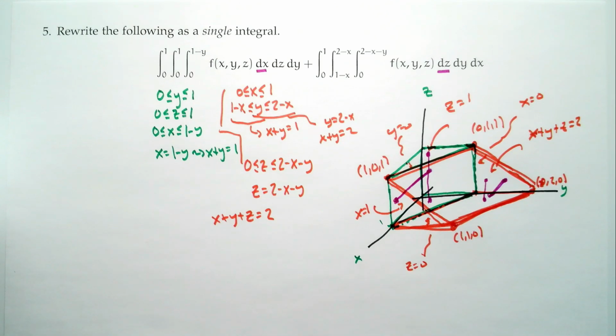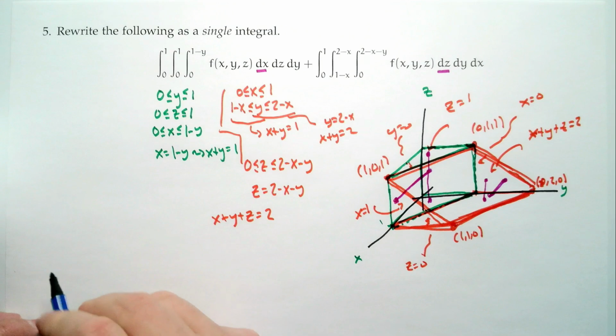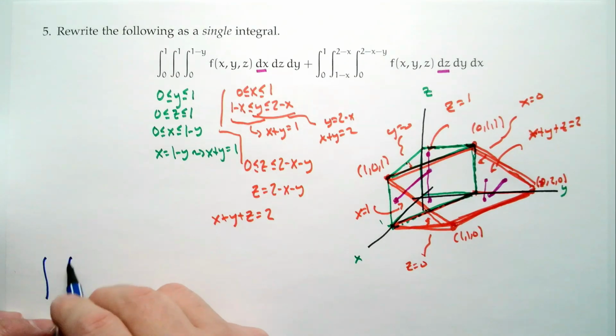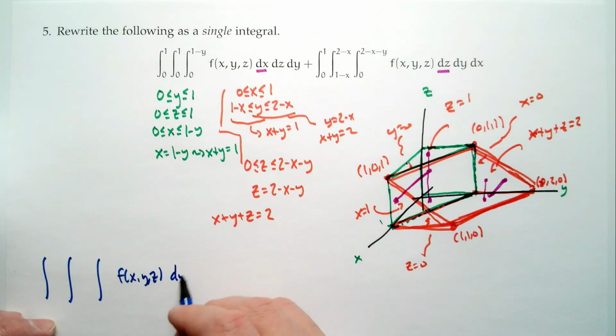Well, that's going to narrow us down a little bit. It's not with respect to x, because our bounding surface changes. It's not with respect to z, our bounding surface changes. So by process of elimination, and we probably should have suspected this when we started, given that here was x, here was z, the final answer better have it as f of x, y, z, dy.